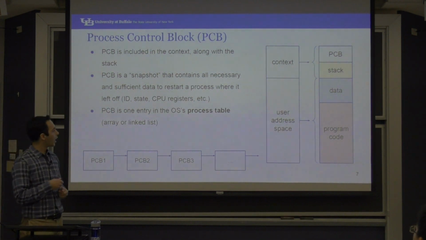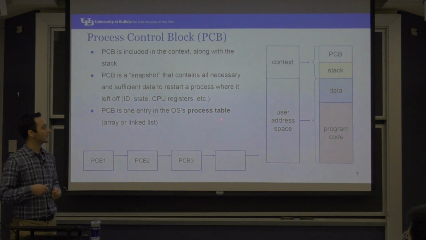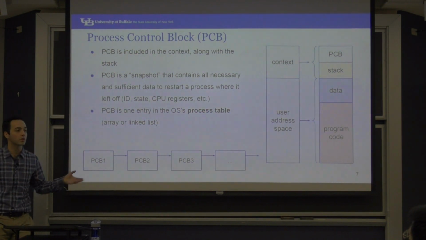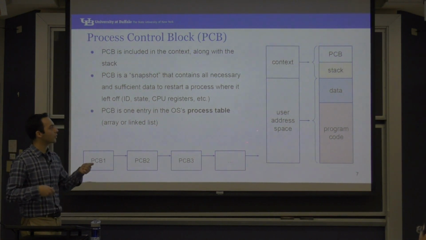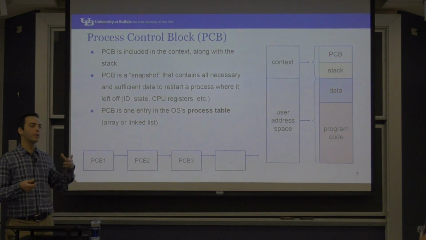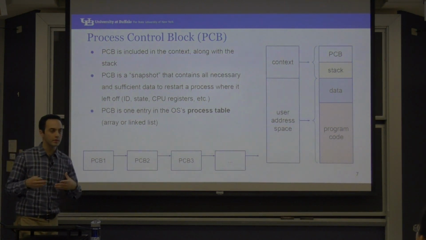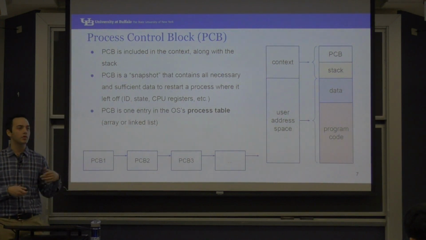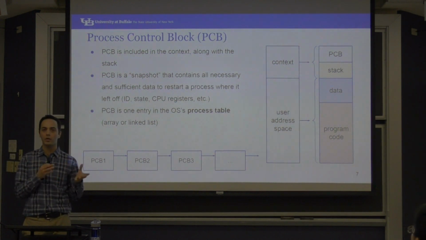And there is a process table in the operating system that holds all the information about all the processes. It then has links to the process control blocks one by one. It might be an array, it might be a linked list, but basically the OS can tell what the first process is, what the second process is, how to find the next one, and can reach any of these PCBs to find the information about each process.